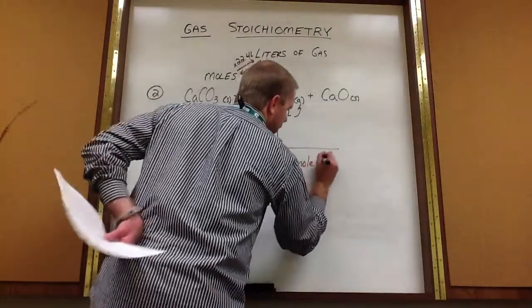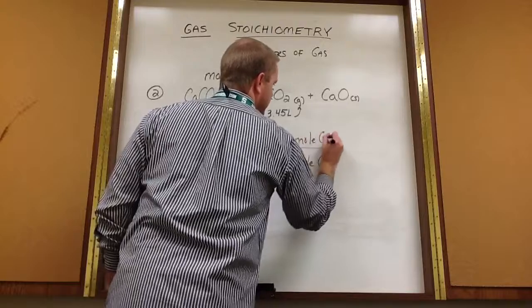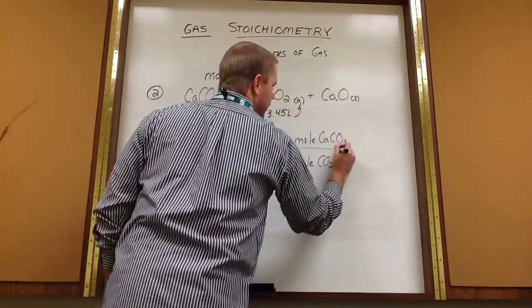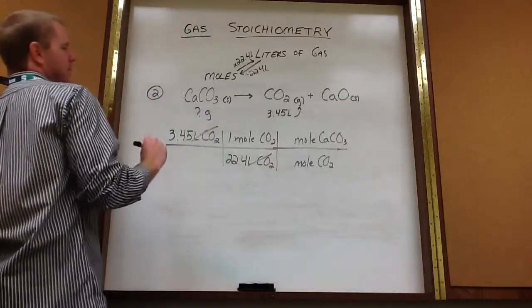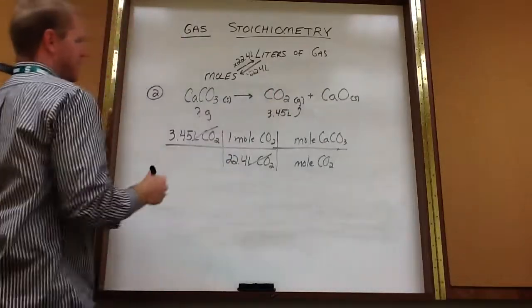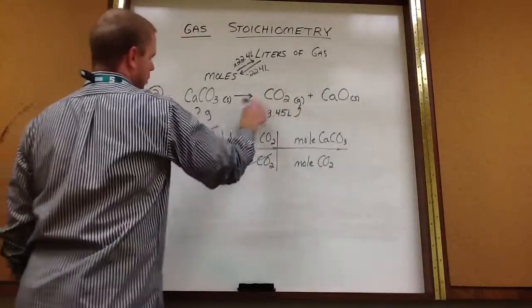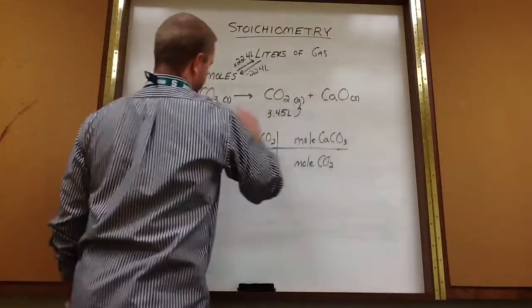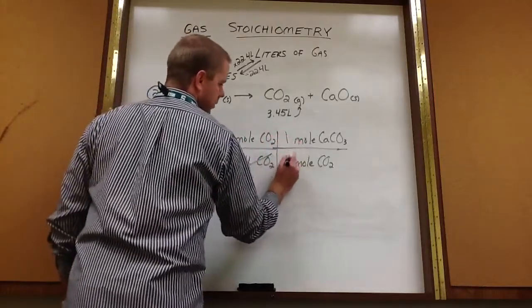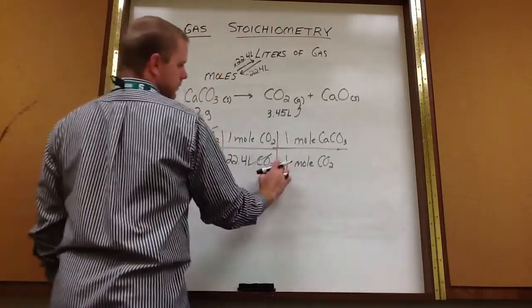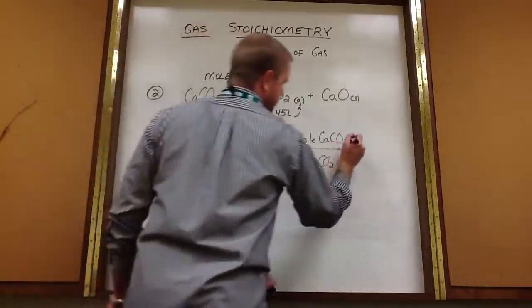So, to compare moles of CO2 to moles of CaCO3, right? Because we want to know that. Well, we go find the balanced chemical equation. By the way, this was balanced, that's why I did it. It's 1, 1, 1: 1 Ca, 1 Ca, 1 C, 1 C, 3 O's, 2 plus 1 is 3 O's. So, the ratio is 1 over 1. There's a 1 there, that's there, and a 1 that is here, that is there.